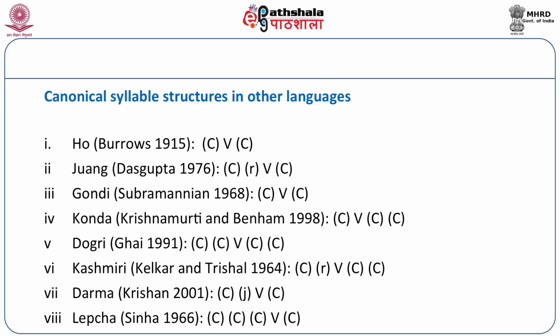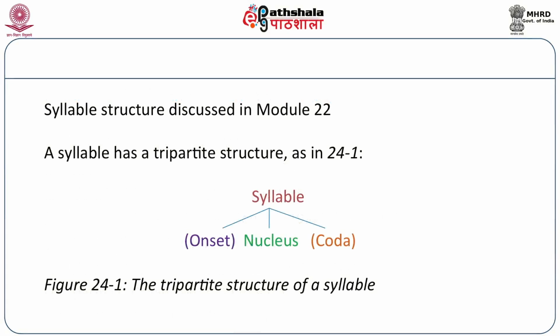In other circumstances where we have a general description which requires us to state any consonant, we use the letter C. So canonical syllable structures are then described in terms of CV and also specific consonants to represent the restrictions in the languages. Let's now go on to discuss the syllable structures found in languages.